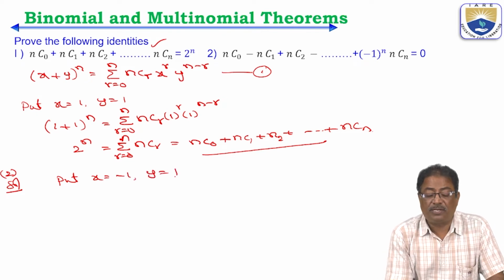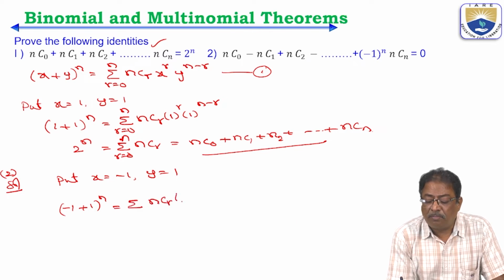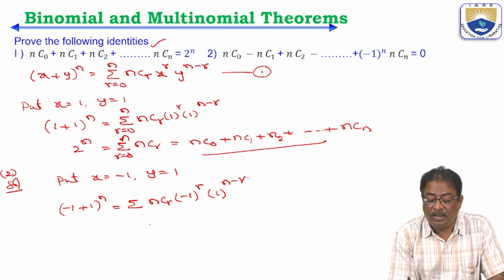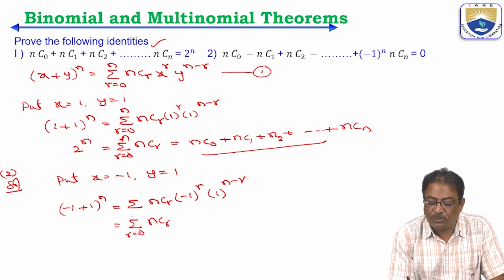If I substitute that, then (minus 1 plus 1) whole to the power of n equals the summation of nCr, minus 1 to the power of r, 1 to the power of n minus r, with r from 0 to n.